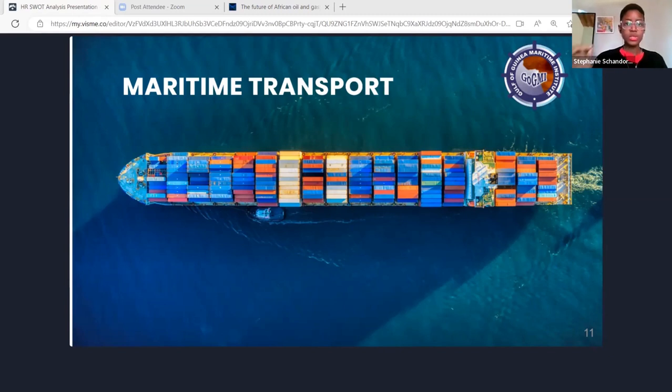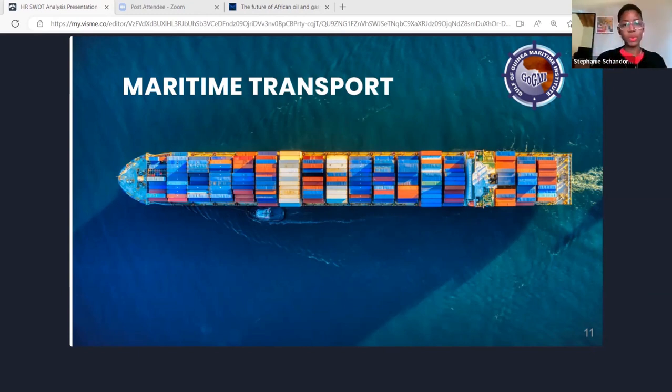So the central message that we can get from this is that Africa having safe, secure, and well-managed maritime transport routes is in the interest of the global community as much as it is in the interest of Africa. And we can definitely begin to look at this and play on it to our benefit.